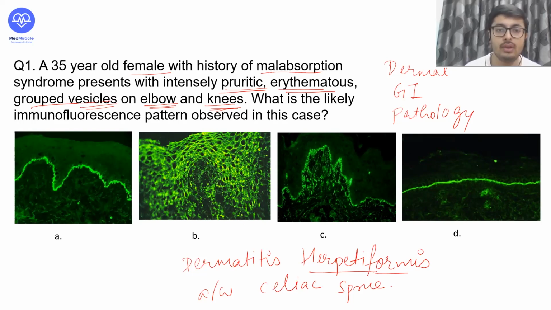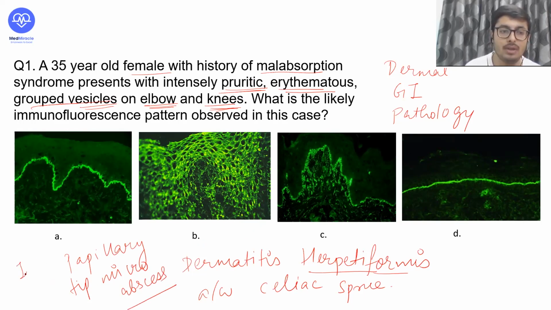And now the four different patterns. So in dermatitis herpetiformis, the papillary tip microabscesses are seen. The immunofluorescence finding of dermatitis herpetiformis is papillary tip microabscesses, right? And these papillary tip microabscesses are mainly composed of IgA antibodies, right?